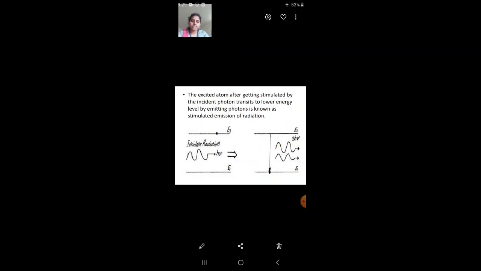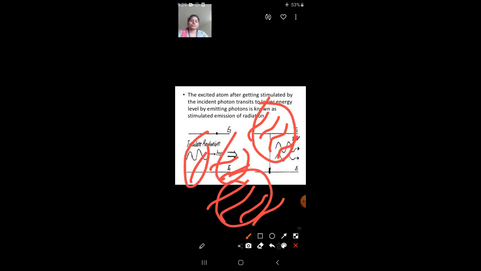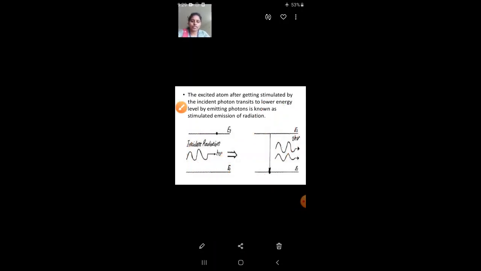So this is the amplification process. First one photon is given, and two photons are released; two photons collide with two particles, so four photons are released; four photons collide with another four particles, and 8 photons are released. So this is known as an amplifier.